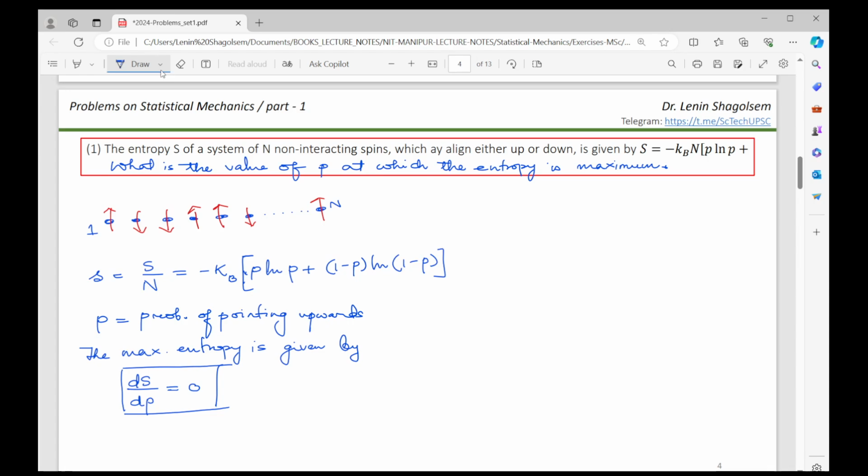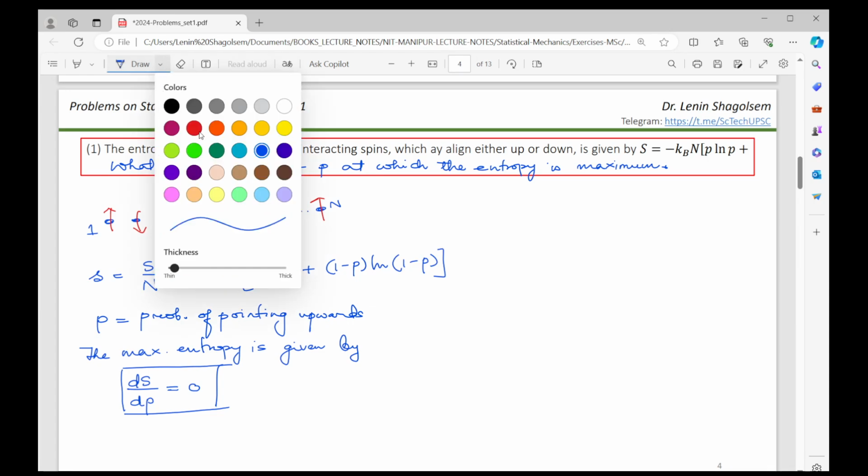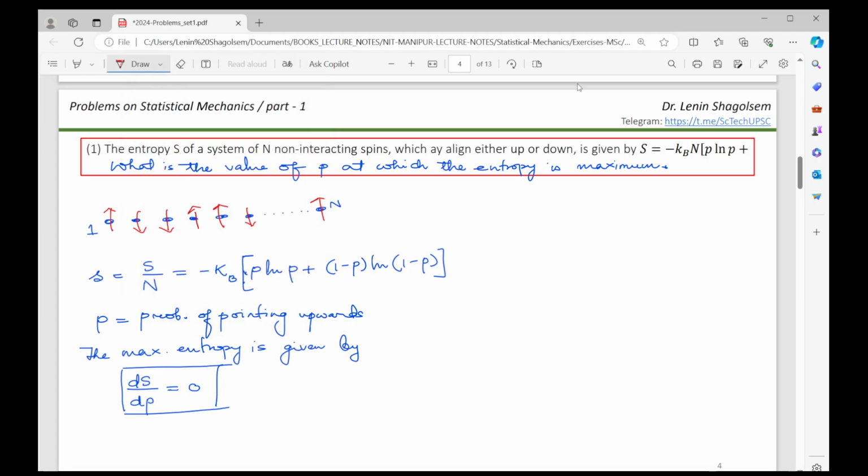So let's do the derivative. You can get rid of this N k_B, which is a constant anyway.